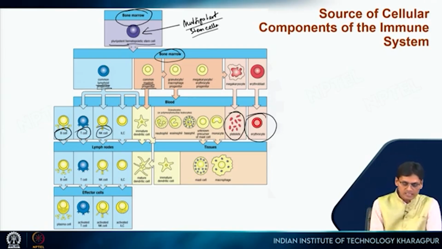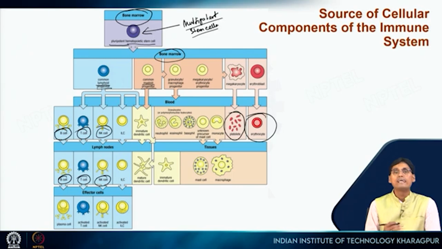So, as you can see, this is B cell, T cell, NK cell. Particularly, when the B cell gets expanded, it makes antibody, and that is called plasma cells. I just mentioned this so that we can discuss later the B cell, T cell, NK cell and plasma cell. Those are the major immune cells.